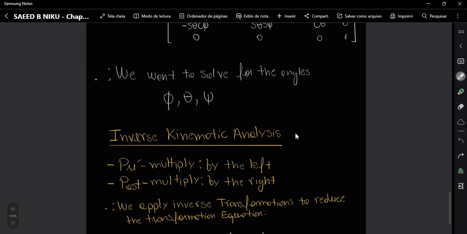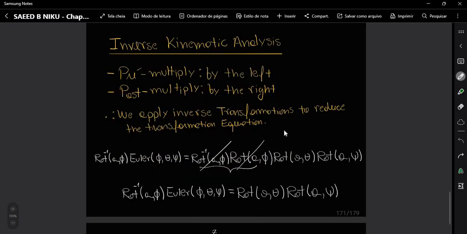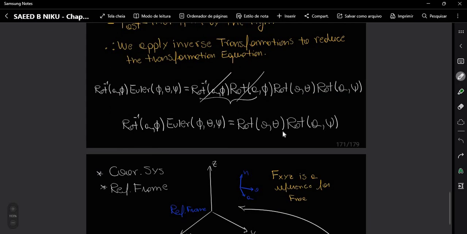So in order to solve for these angles, we apply an inverse kinematic analysis, and for that we use an inverse transformation.